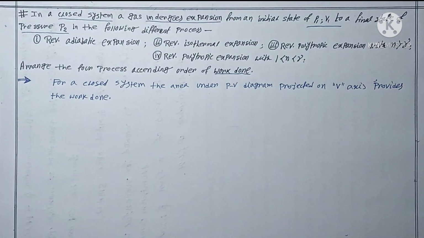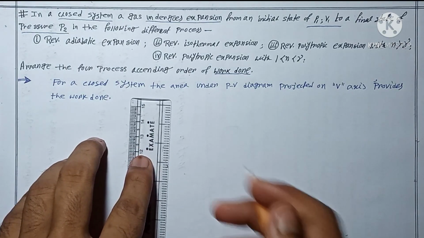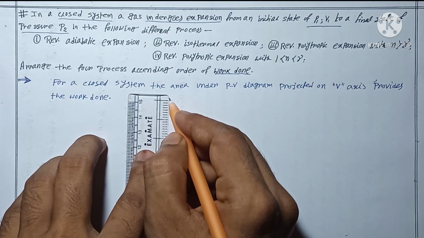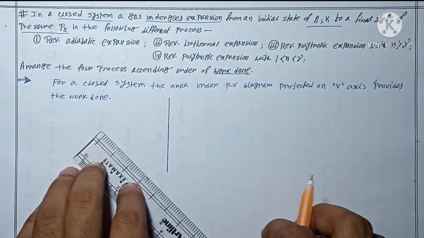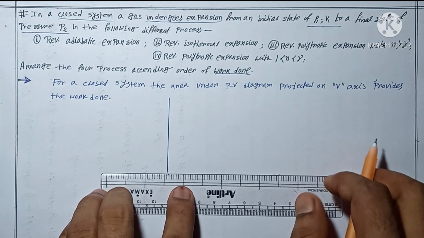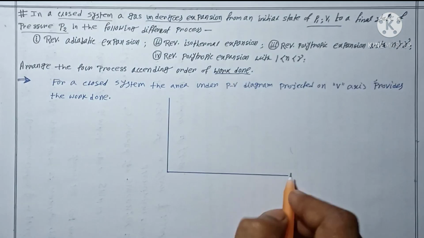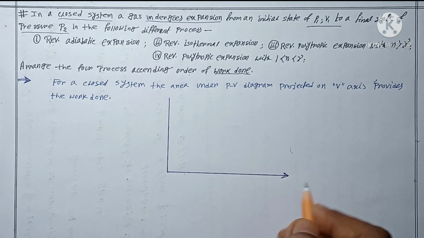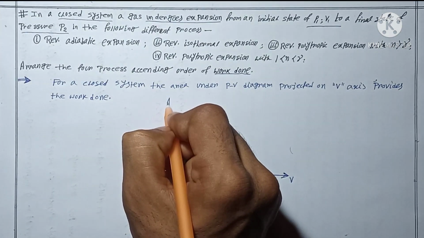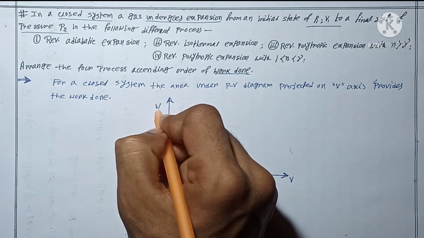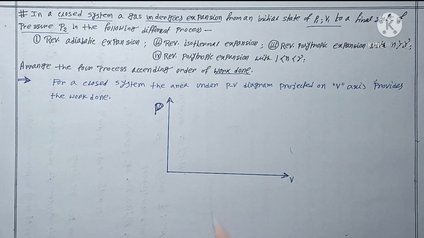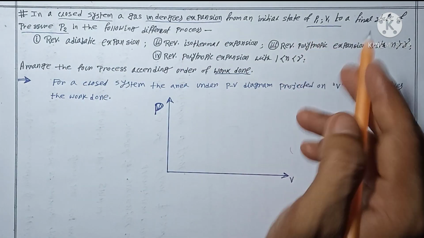Here, suppose this is my y axis and this is the x axis. Along the x axis there is volume and along the y axis there is pressure. Now there is a state 1, P1 V1.